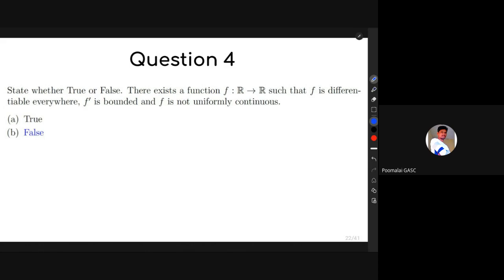Since the limit function is not continuous, but all the other terms are continuous functions. So in particular, this question number 4.